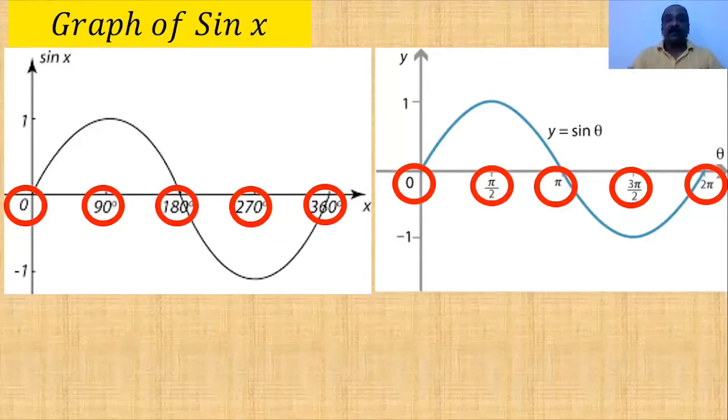If the question says plot a graph for x more or same as 0 but less or same as 2 pi, then we use the readings in terms of pi: 0, pi over 2, pi, 3 pi over 2, and 2 pi.